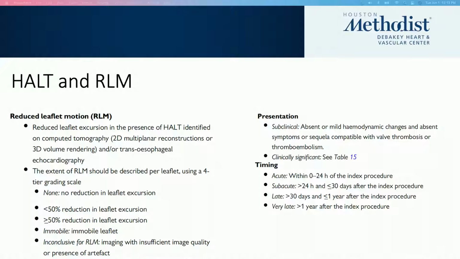Presentation of HALT and RLM is either subclinical or clinical. Subclinical presentation is absence or mild hemodynamic changes and absence of symptoms compatible with thromboembolic sequelae. Or they can be clinically significant, which we'll discuss.